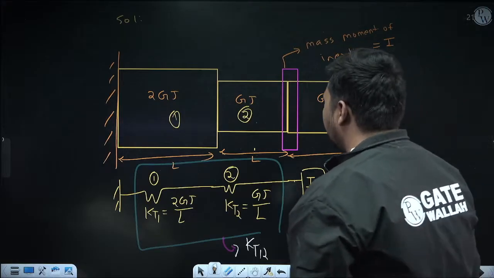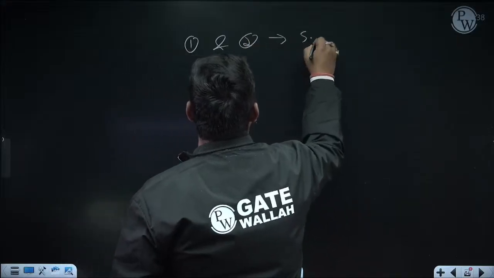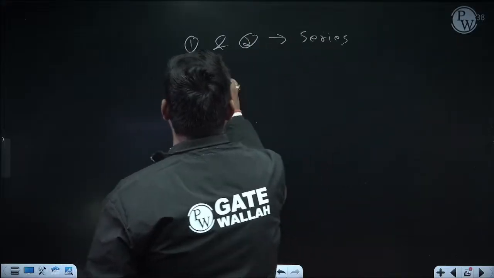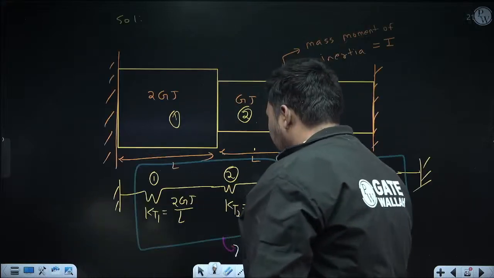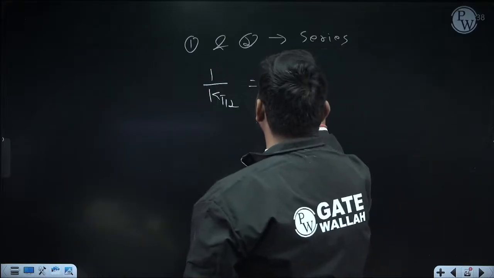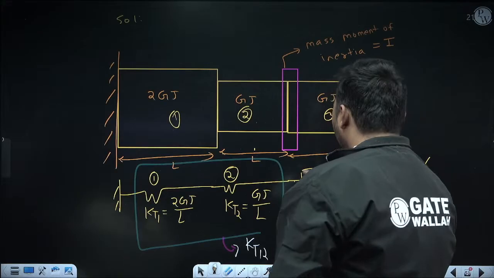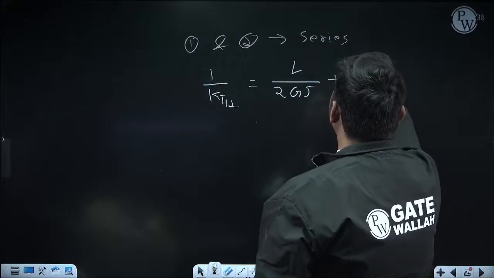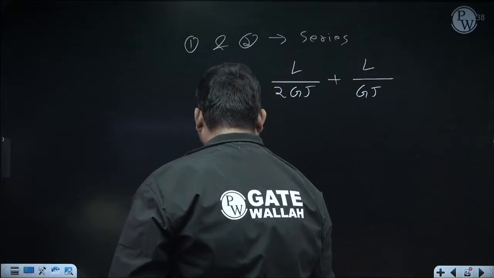So since 1 and 2 are in series, we will use the reciprocal formula. So 1 upon KT12 will be equal to 1 upon KT1, where KT1 is 2GJ upon L, plus 1 upon KT2, and KT2 is GJ upon L. So 1 upon KT12, you can do the calculation.